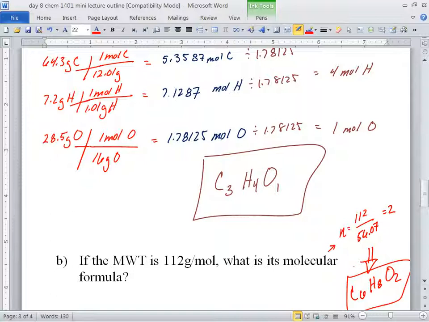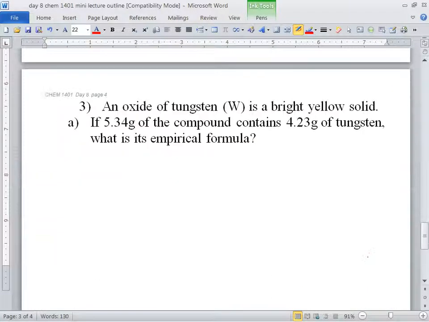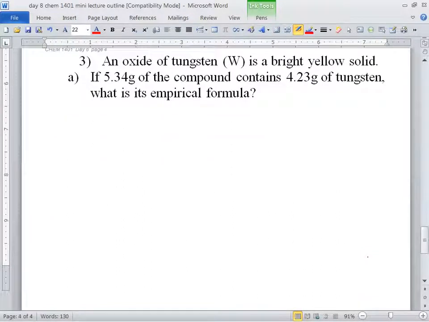Tungsten is W. So if you're working on number 3, they said tungsten's W. So you're starting with 4.23 grams of W, but the other one is grams of oxygen. How many grams of oxygen do you have? Subtract them, exactly.